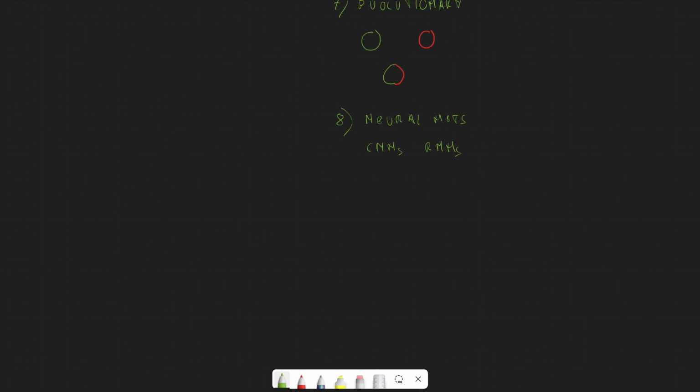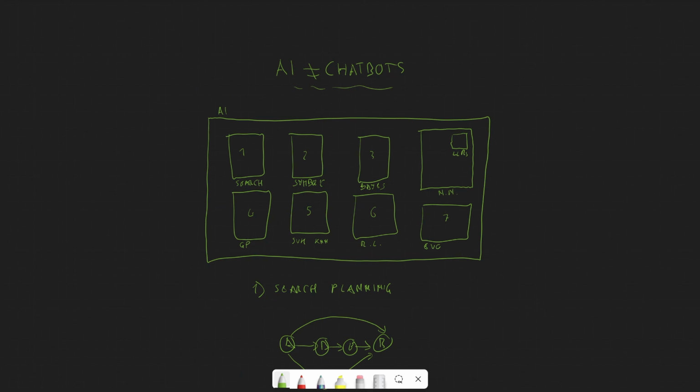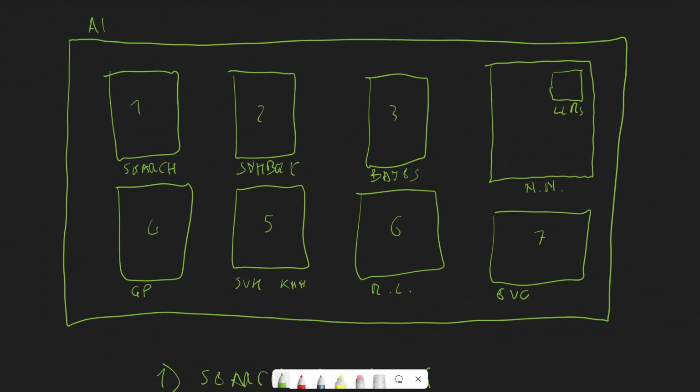So we can go back now to the beginning of the video, to our larger box here, the AI box, and we can recap. As you can see, the larger box is the AI box. Inside the AI box, we have a variety of methods. Of course, this was just a subset of all the methods that are inside the AI box.